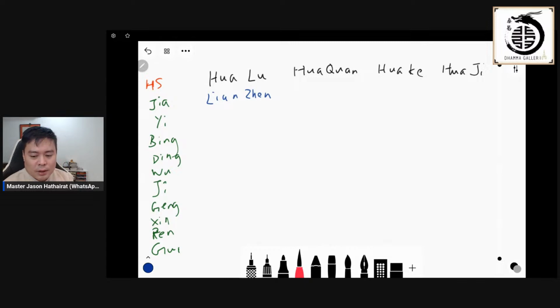Let me repeat again. When you see the heavenly stem 甲, 破军 will be pairing with 化权.